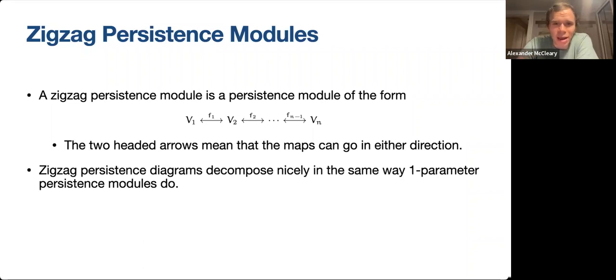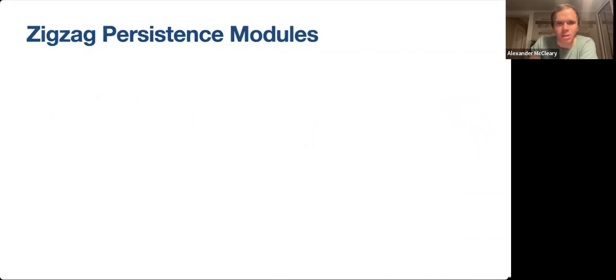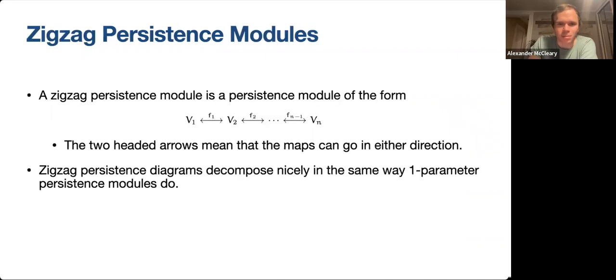And now these zigzag persistence modules do decompose nicely in the same way that one parameter persistence modules do. So this is a very nice thing. And there's software for computing persistence diagrams or barcodes for these zigzag persistence modules. And I believe we'll look at some of those with Dionysus and things like that.